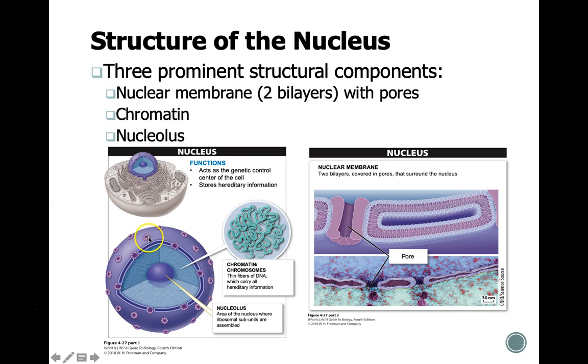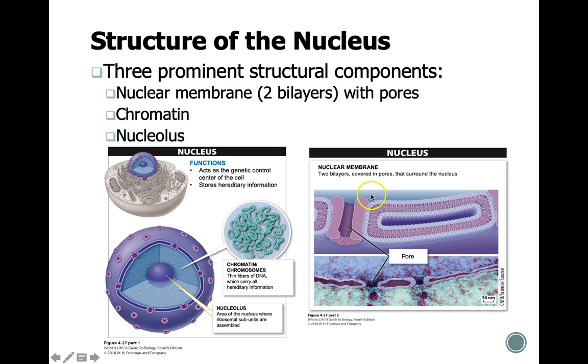On the outside of the nucleus are these pores. So just like our plasma membrane, there are pores for stuff to move in and out. This quote-unquote stuff is actually a small bit of genetic information that is taken from our DNA and is going to be used to make proteins for us later.